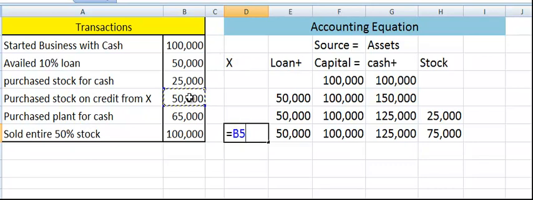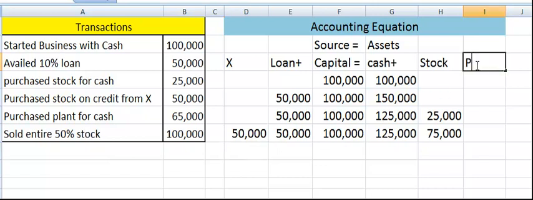So once again, your source is equal to assets. And now you have cash and stock supported by capital, loan, and Mr. X. Now what are you doing with this now? You are purchasing a plant. You are purchasing plant for cash, and your plant will be 65,000.